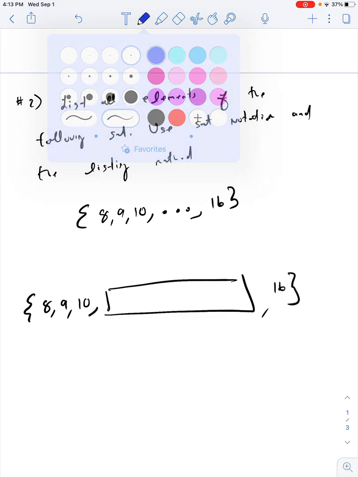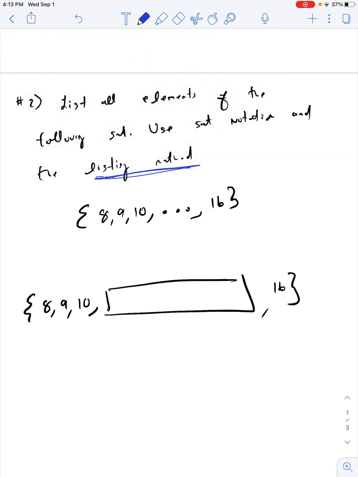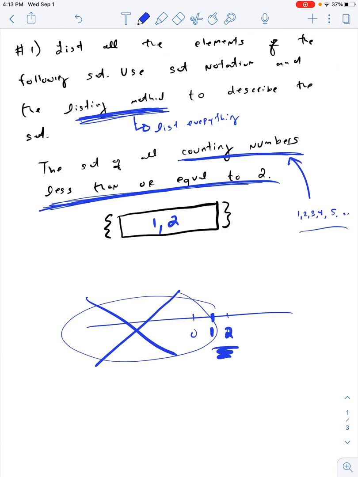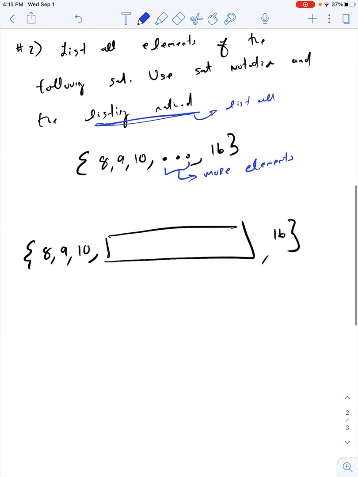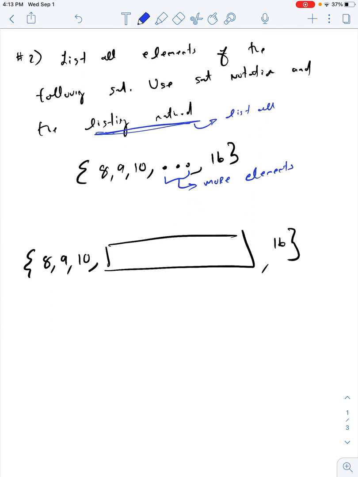So once again, listing method means to list all. These 3 dots indicate that there's more, specifically more elements. Remember, elements is just whatever is inside the braces or the set. Look at the pattern.